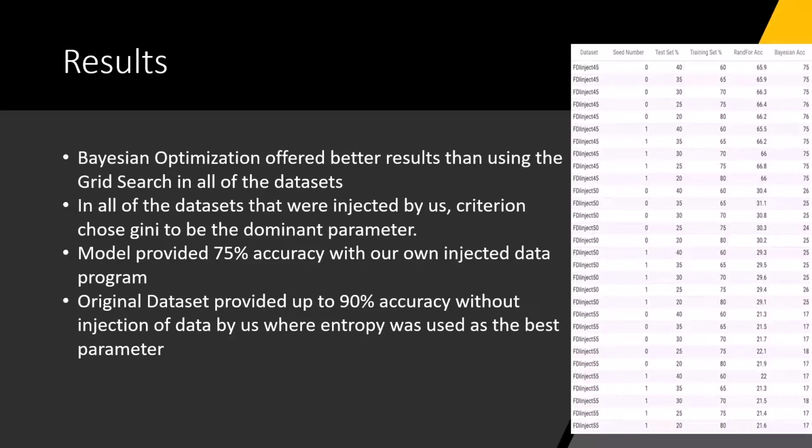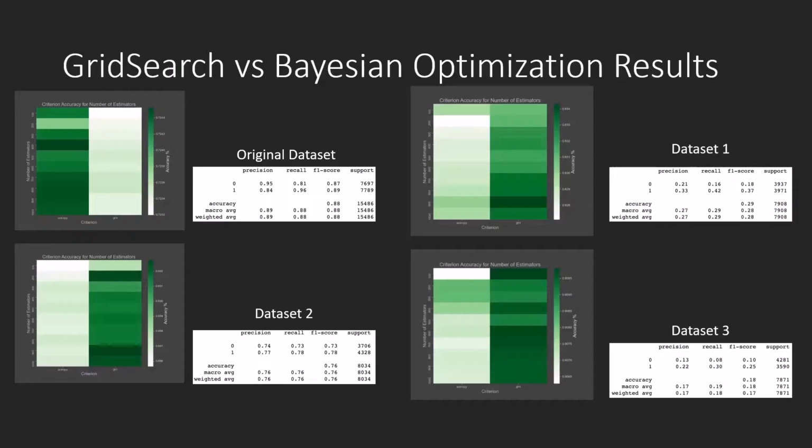In all of the data sets that were injected by ourselves, the criterion chose Gini to be the dominant parameter. Our model provided 75% accuracy with our own injected data program. And in the original data set, we went up to 90% accuracy without the data injected by us, where entropy was used as the best parameter.